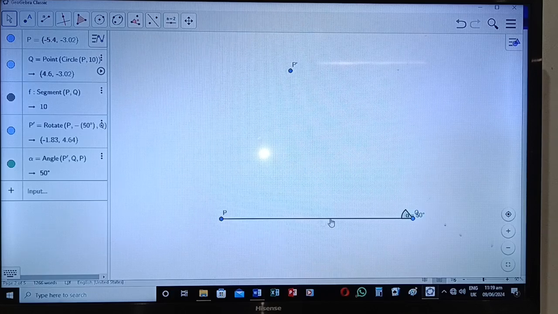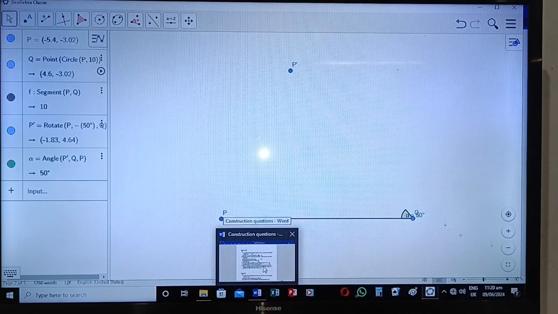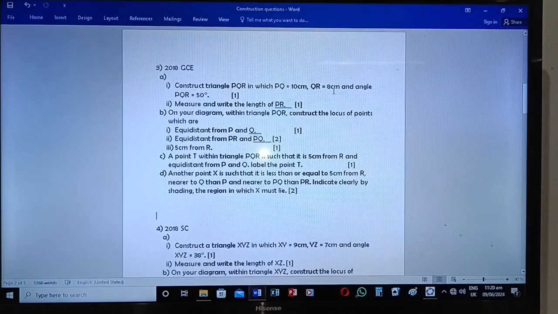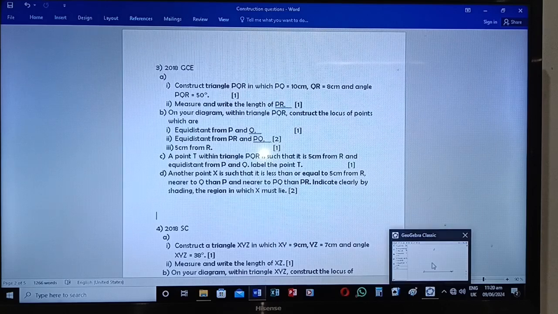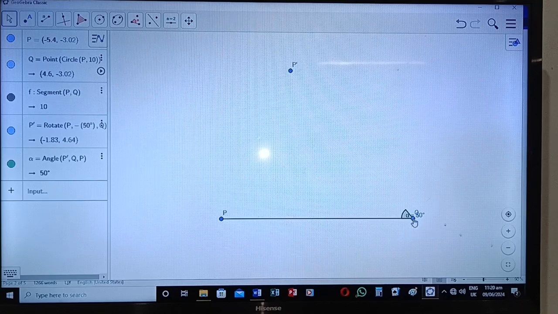Having drawn angle Q, we can now draw our line QR, which is 8 centimeters. So QR is supposed to run from here, Q, to R there.